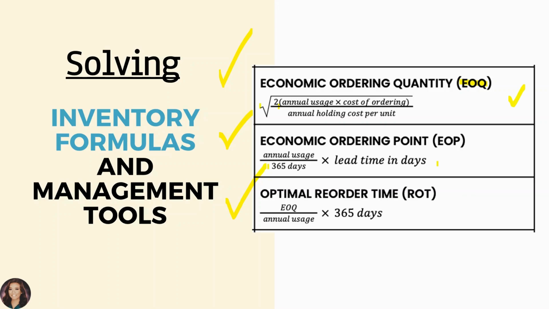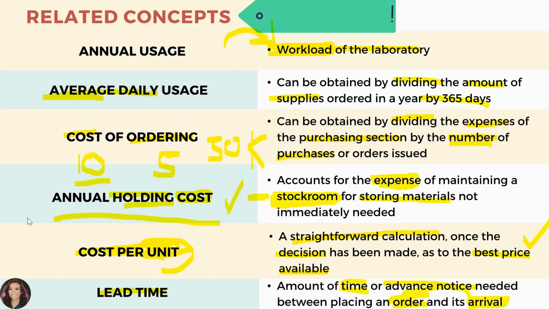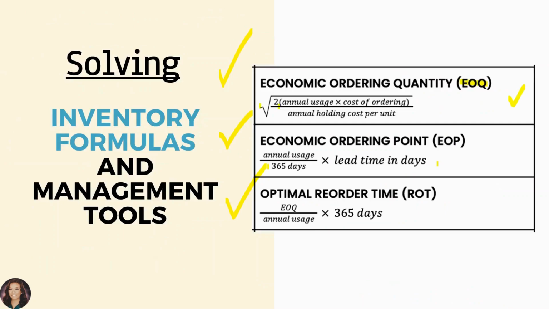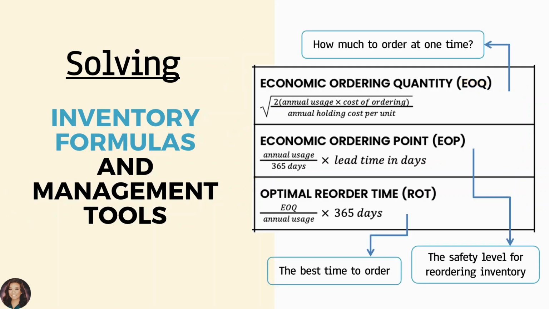So do you see, balik ko lang, why we discussed these related concepts, okay, because they are generally applied to this area. Okay? All right. So just to review the definitions ng tatlong to, remember, no, your EOQ asks you how much to order at one time. Your EOP, your point, is the safety level for when you need to reorder.